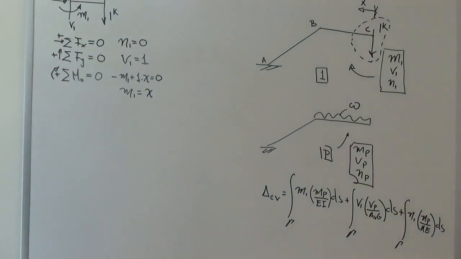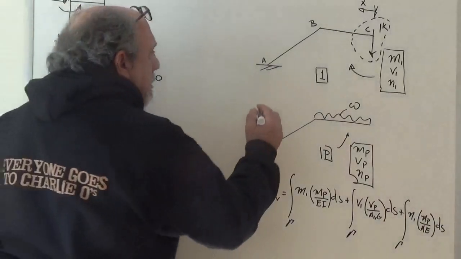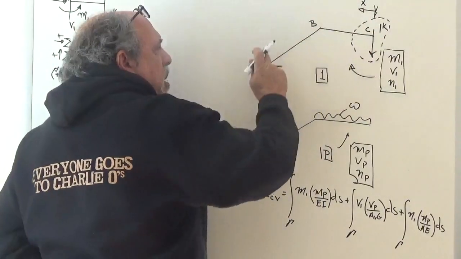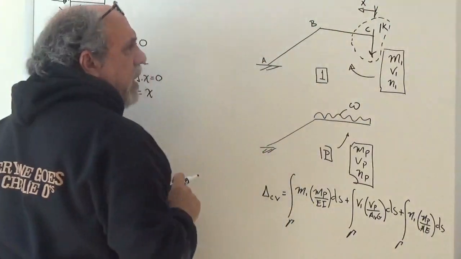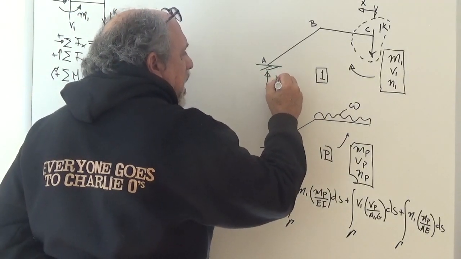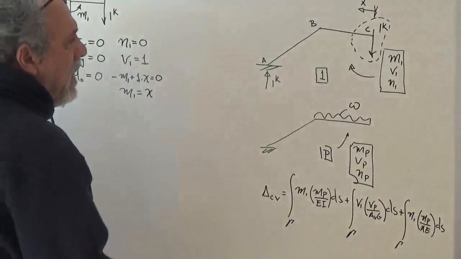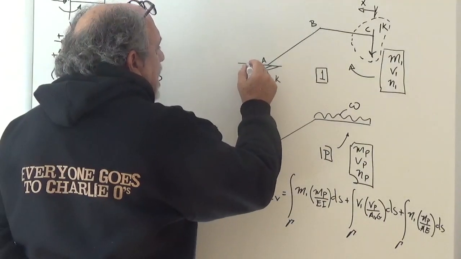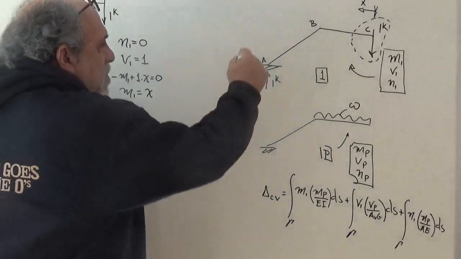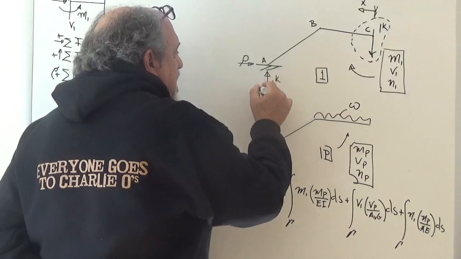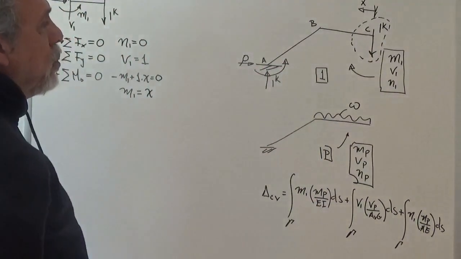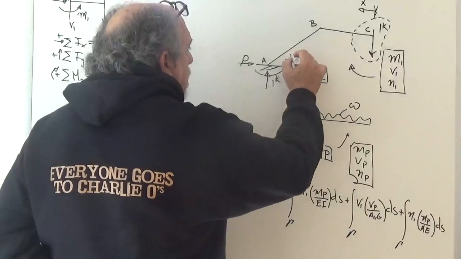So, in order to save a little bit of space, I think it's obvious that if I take a free body diagram of the complete structure here, right, this reaction in the vertical direction is one kip from the sum of the forces in Y, this reaction is equal to 0 from the sum of the forces in X, and the moment at this end, summing moments, is this way, and it's equal to 1 times 4H, right?